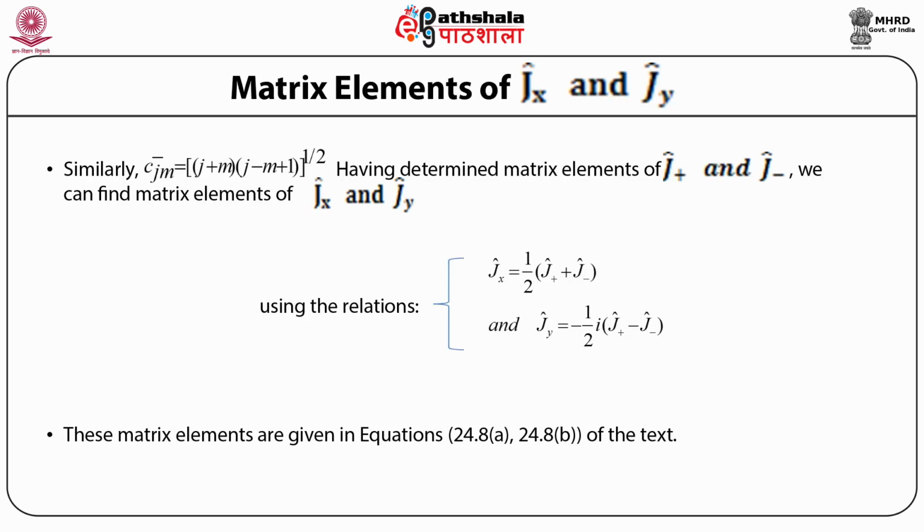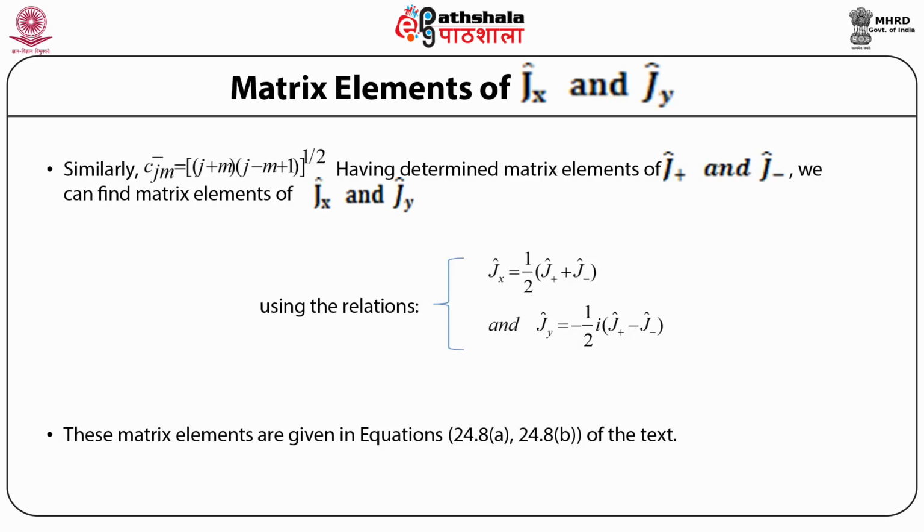Similarly, the y component of the angular momentum operator, that is Jy, turns out to be equal to minus half times iota times, within brackets, operator J plus minus operator J minus.